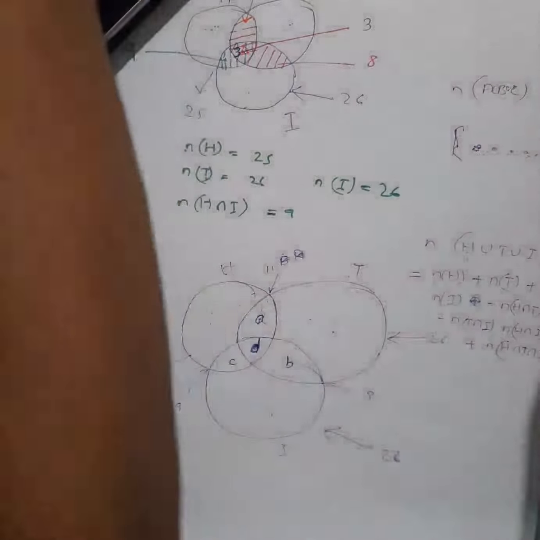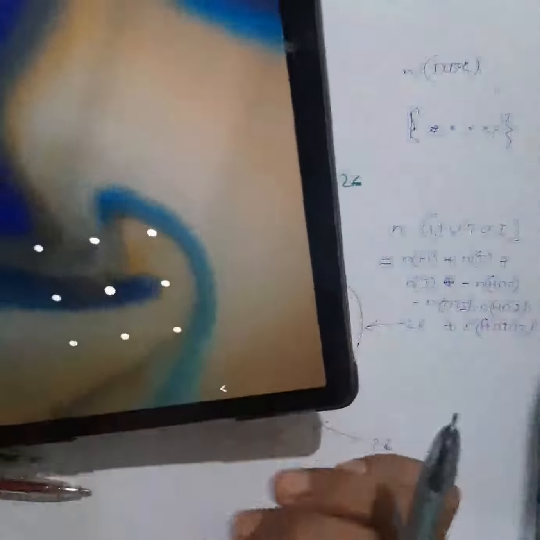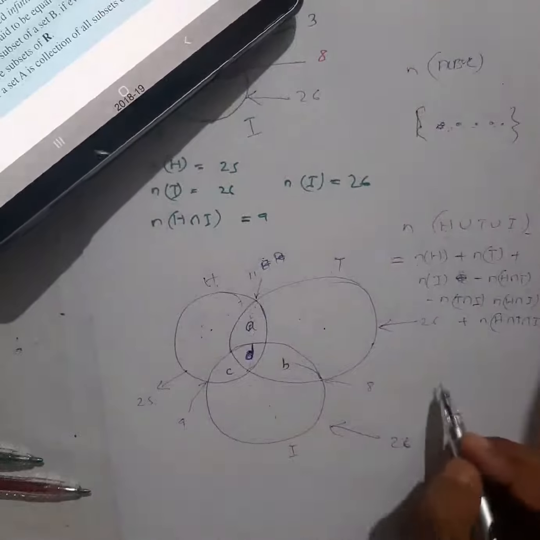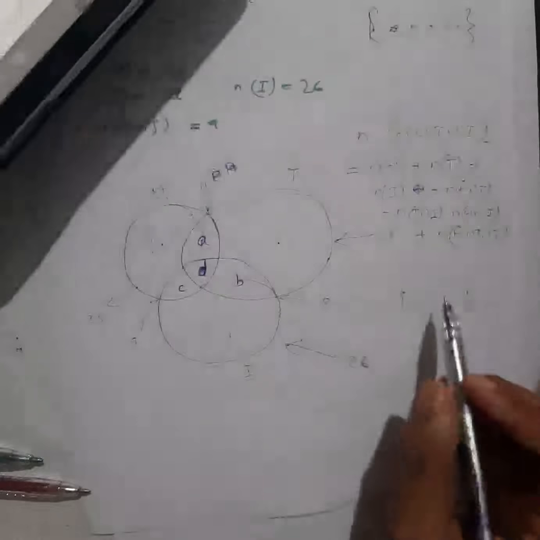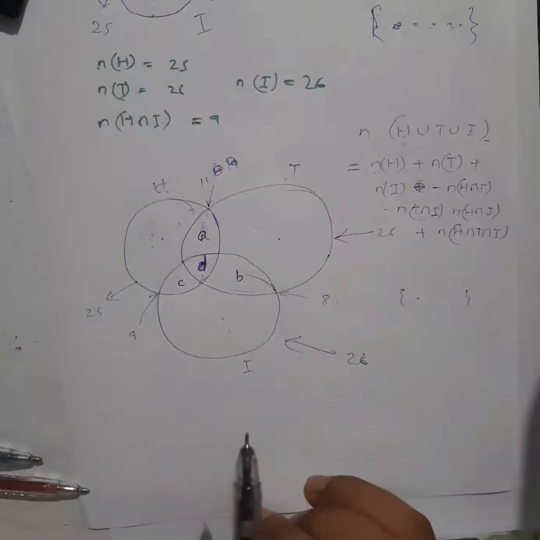But for the second question, see carefully. Forget about this A, B, C, D right now, okay? Now see question number 2. What have they said? The number of people who read exactly one newspaper. Now this time they have clearly said you have to find those people who read exactly one newspaper. They didn't say at least one, minimum one.